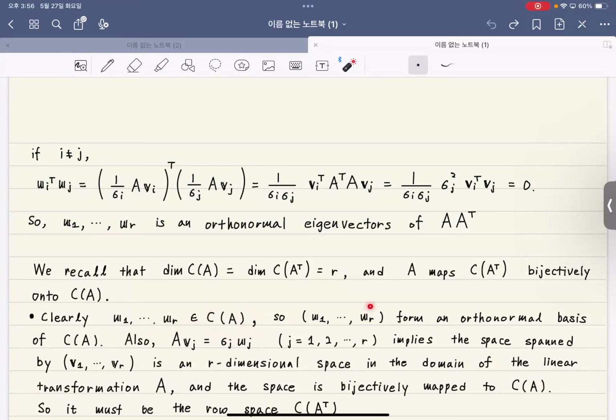So these vectors can be an orthonormal basis of the column space.